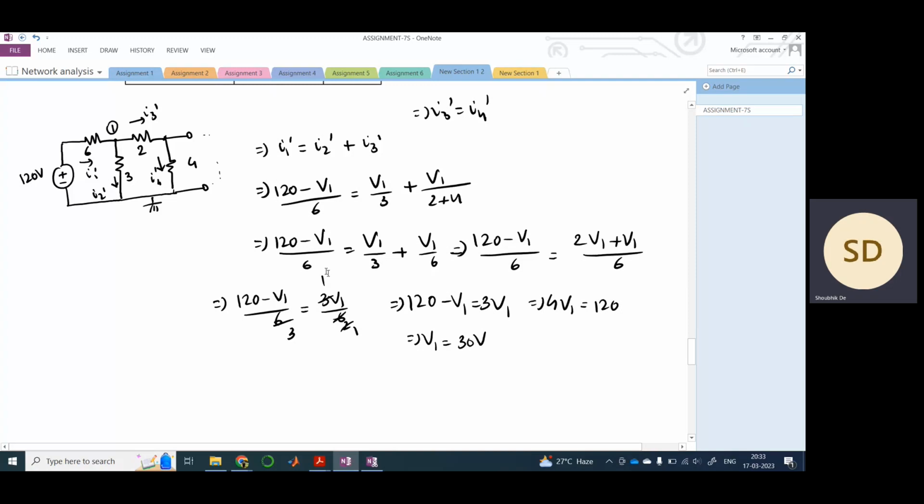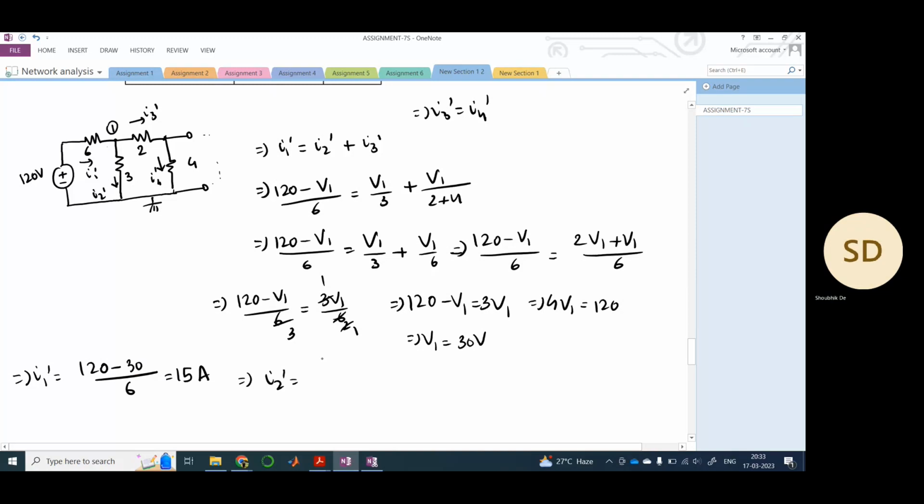So once you do that, you can easily calculate I1 dash. What is I1 dash? It is (120 minus V1), which is 30, divided by 6. So therefore 15 amperes. What is I2 dash? It is nothing but V1 by 3, through this 3 ohm, so 30 divided by 3 would be 10 ampere.